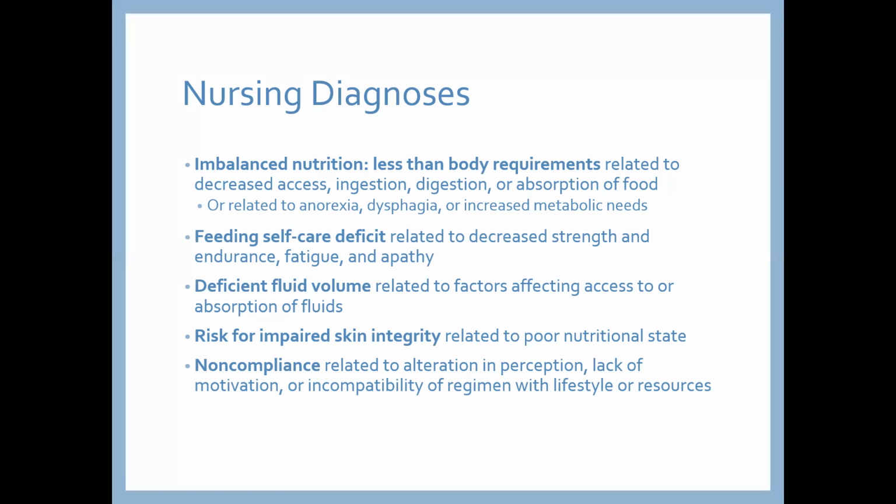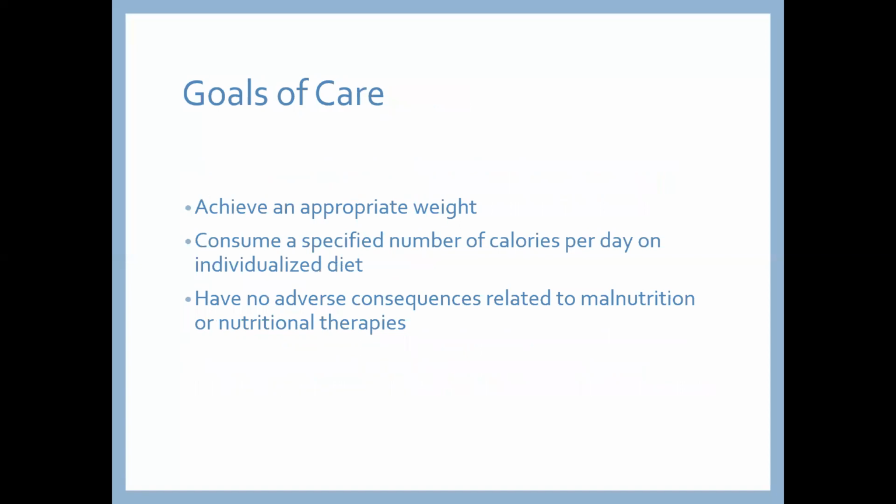So again, that just kind of re-summarizes what we've gone over already. The goals of care related to nutrition are to help patients achieve an appropriate weight, consume a specified number of calories per day on an individualized diet, and have no adverse consequences related to malnutrition or nutritional therapies.